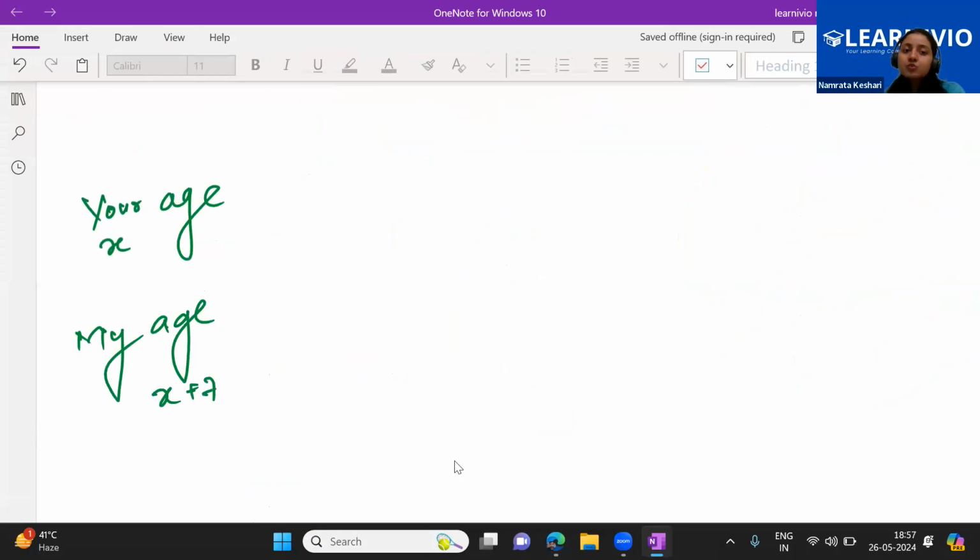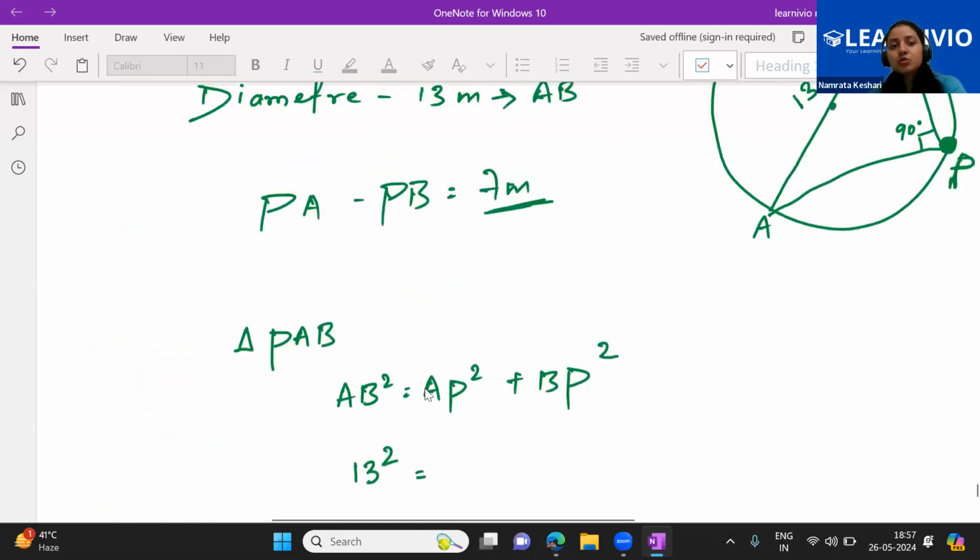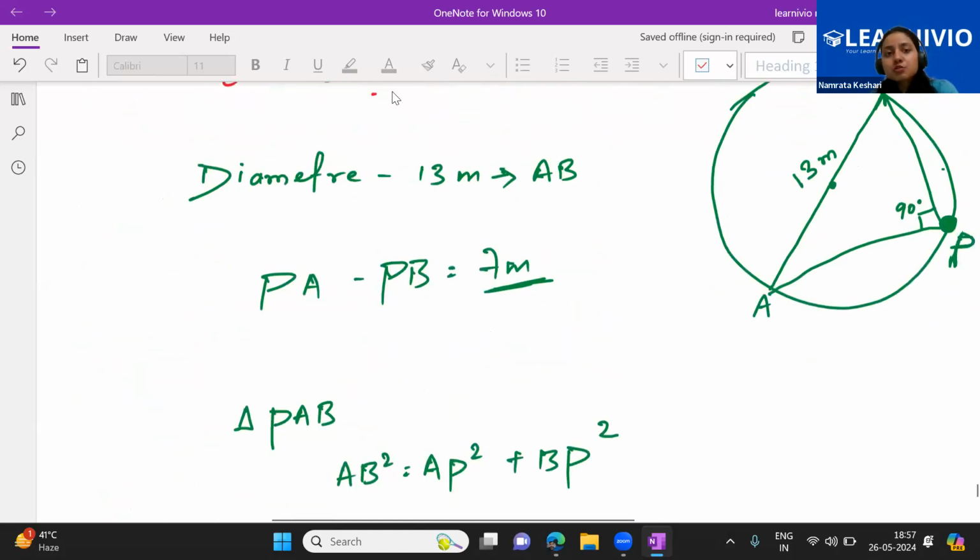Can we assume like that, if the difference between both is 7 years? Yes, ma'am. Because here we are not allowed to use two different variables. If we end up using two different variables, then maybe somehow we will be able to solve by the method of substitution, but at the end we are going to land at a quadratic equation only.